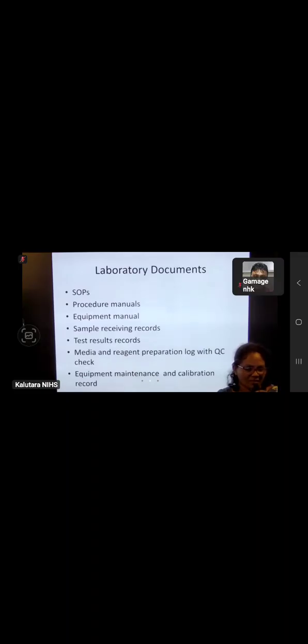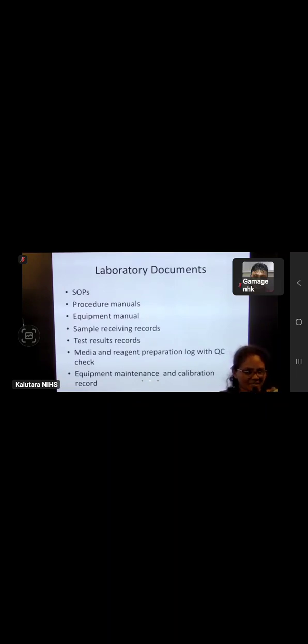Do you have a sample receiving book? You must have. Test results. Do you record your test results before releasing them? Yes. So these are the documentation.